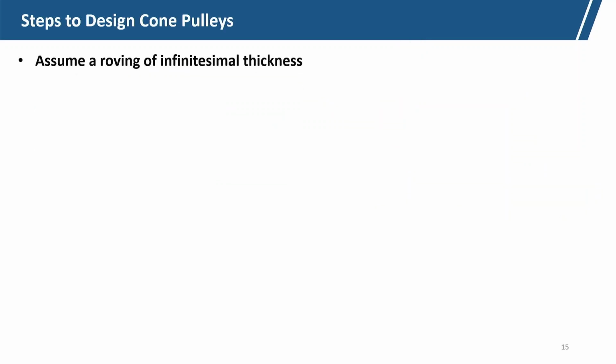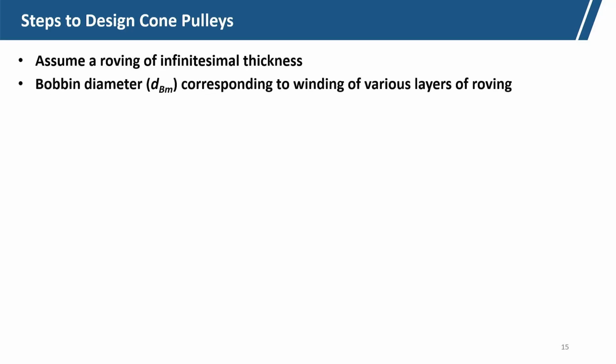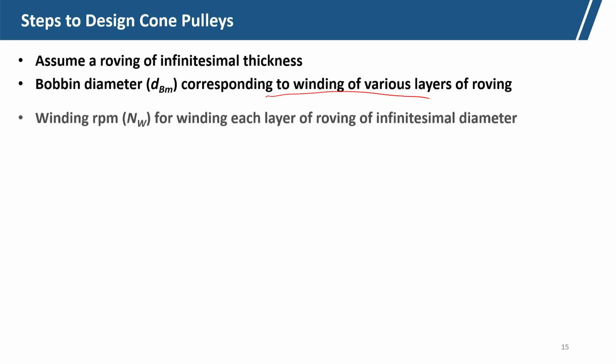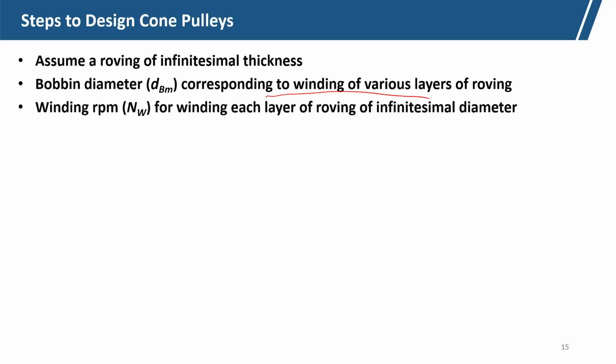Now, what are the steps to design the cone pulley? Assuming the roving is of infinitesimal thickness, the bobbin diameter is dBm corresponding to the winding at various layers of roving, and the winding RPM is Nw for winding each layer of roving of infinitesimal diameter.